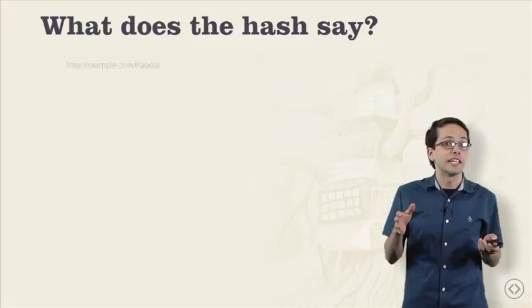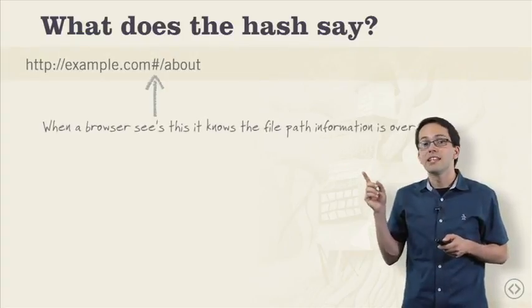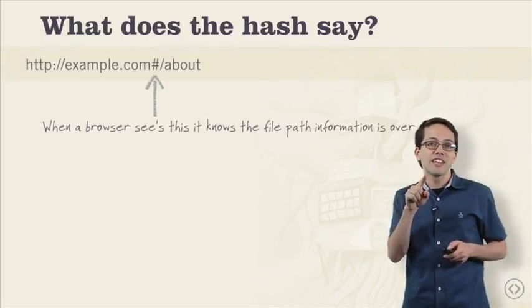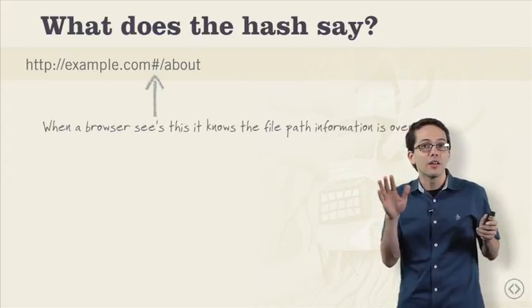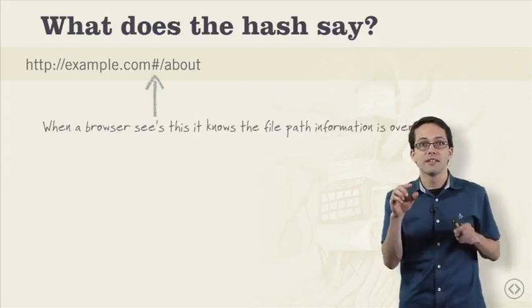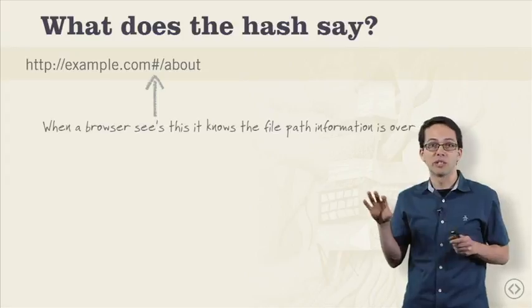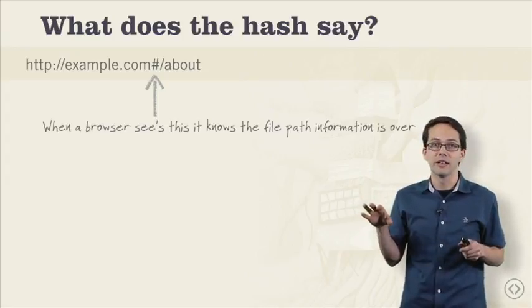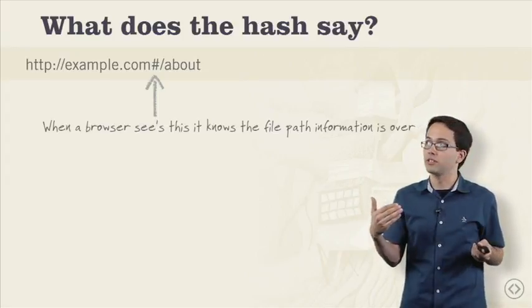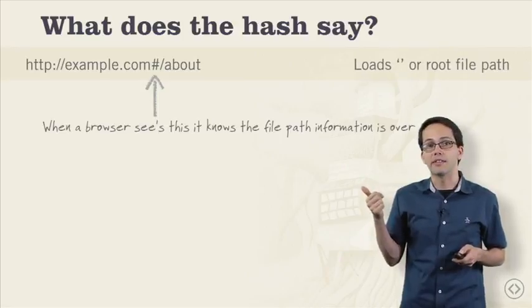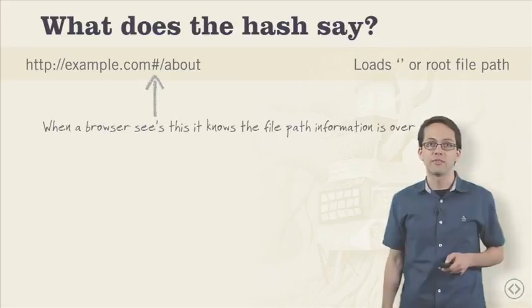In case you haven't caught on yet, that hash tells our browser that everything after this is not part of the file path. That information will get passed into Ember so we can figure out what templates to render. But as far as our browser is concerned, it's going to load the root path and load up that index.html file.